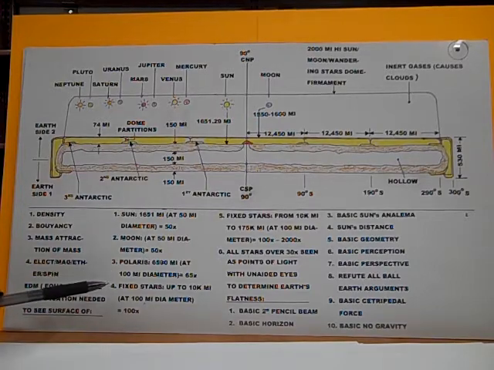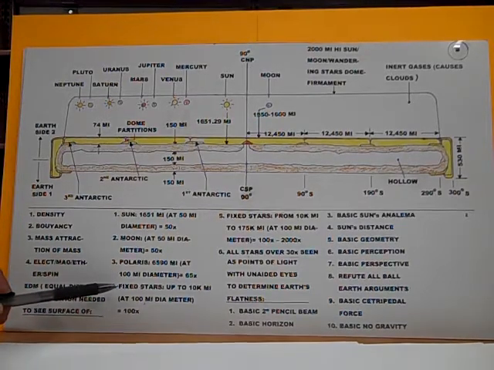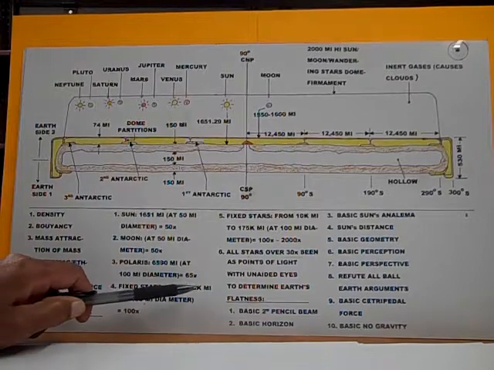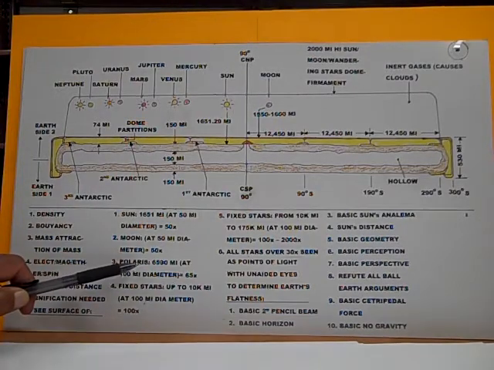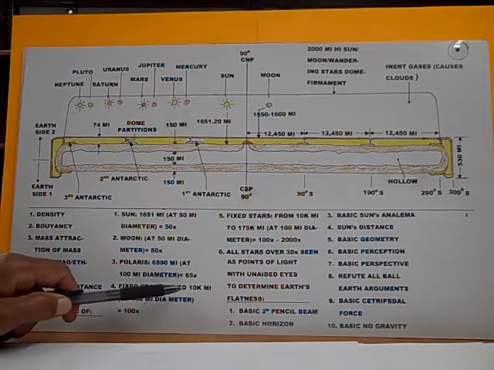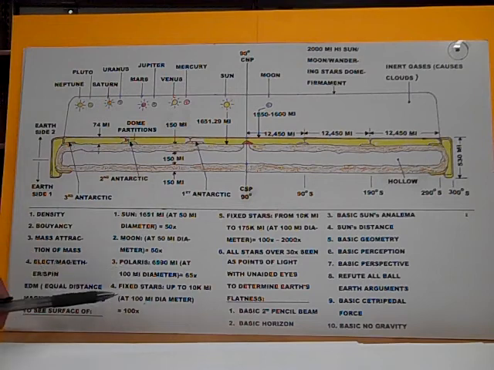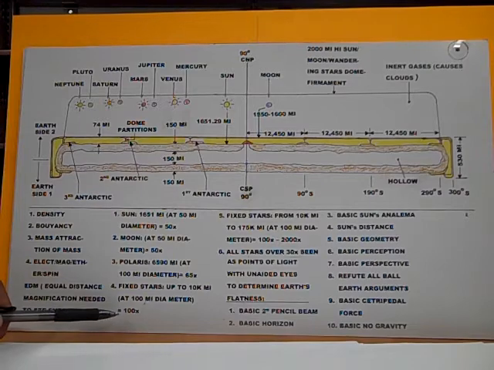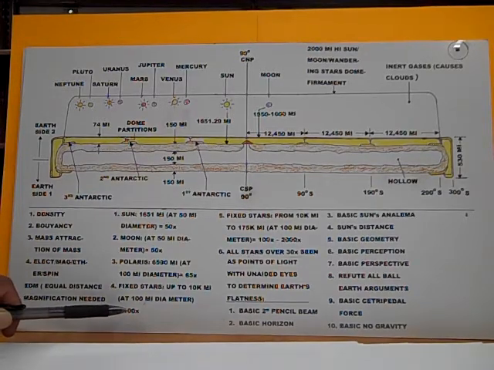Number 4, the fixed stars up to 10,000 miles, of which Polaris is a fixed star, but 6,590 miles away. The fixed stars go up to 10,000 miles above, and at 100 miles diameter for the fixed stars, the low ones, all you need is 100x magnification. That's all you would need.